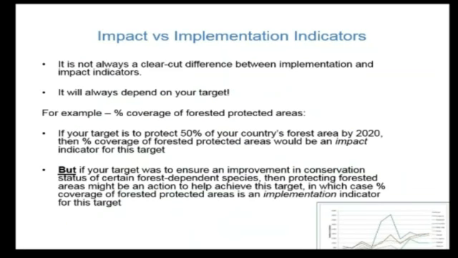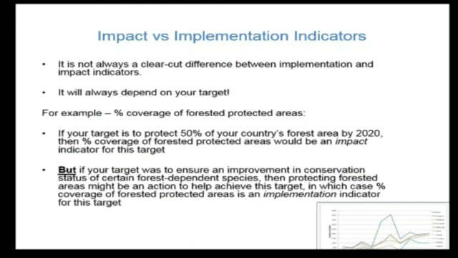However, it's not always a clear-cut difference between implementation and impact indicators. It'll always depend on your target. For example, percentage coverage of forest protected areas as a subject. If your target is to protect 50% of your current country's forest by 2020, then percentage coverage of forest protected areas would be an impact indicator for this target.